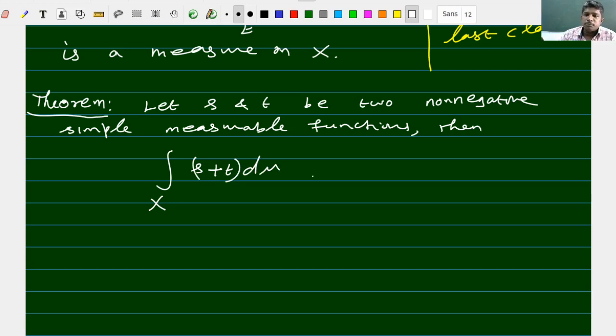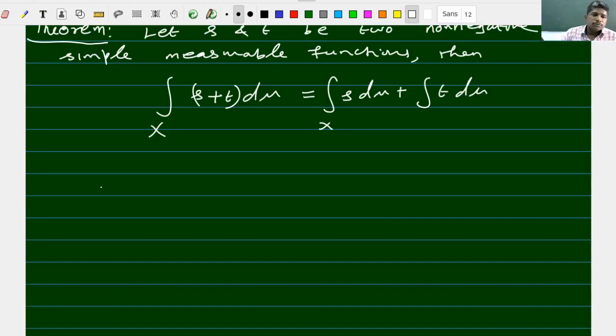So s plus t is a simple non-negative measurable function whose integral is the sum of the integrals of the individual functions. This is the natural property we have already seen in Riemann integration.